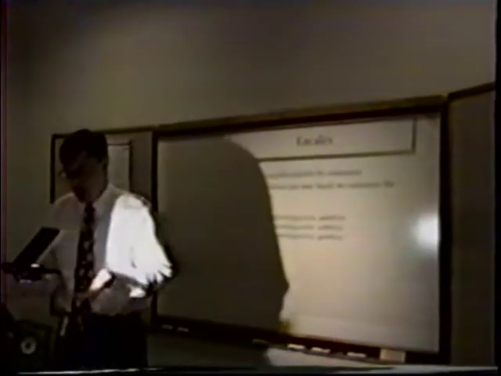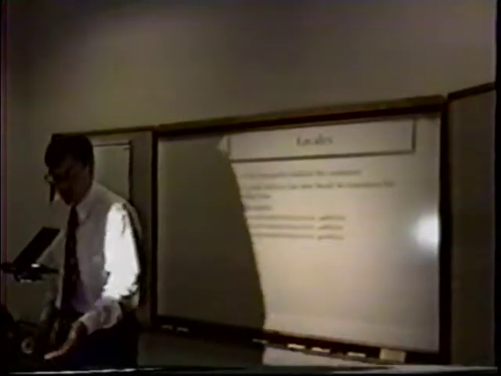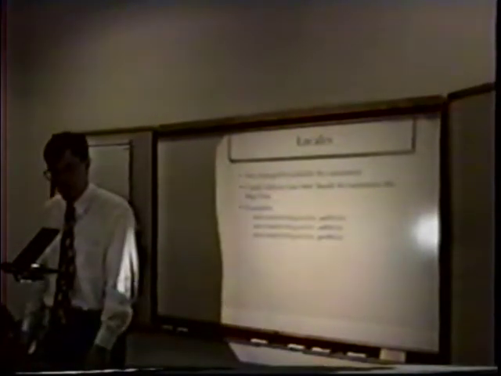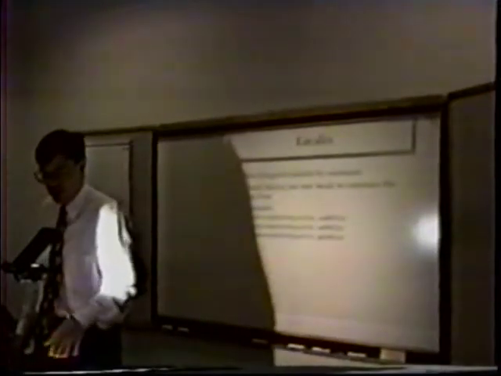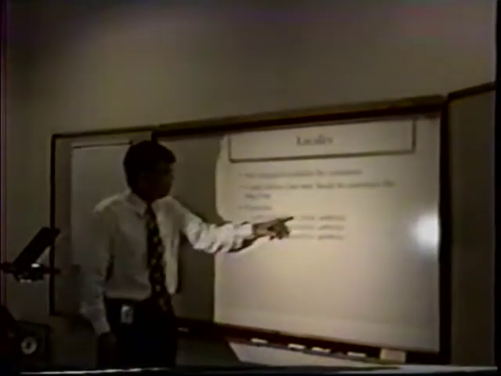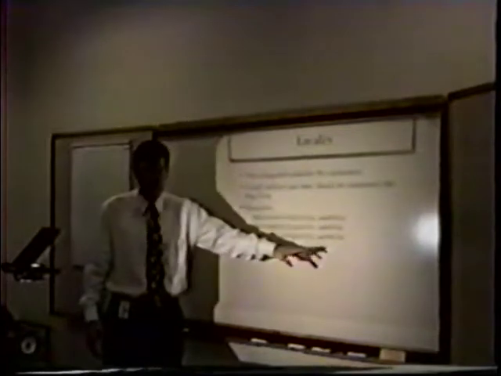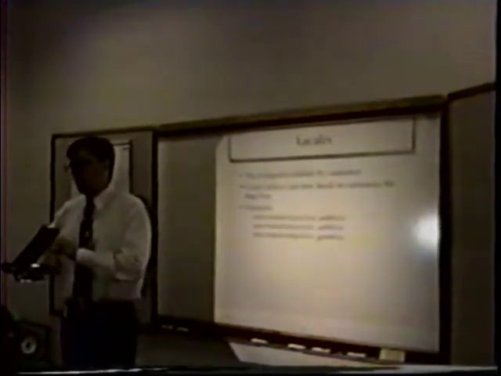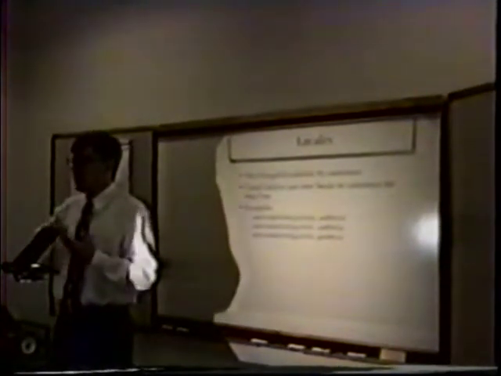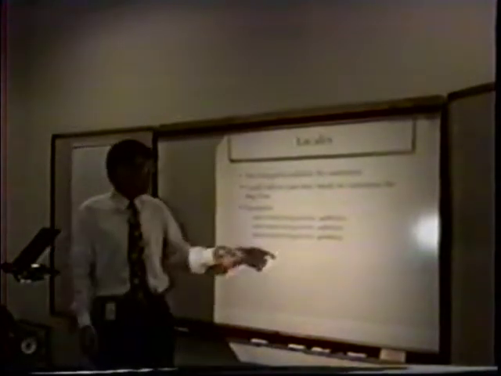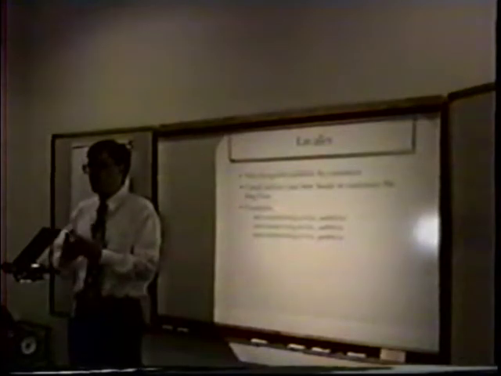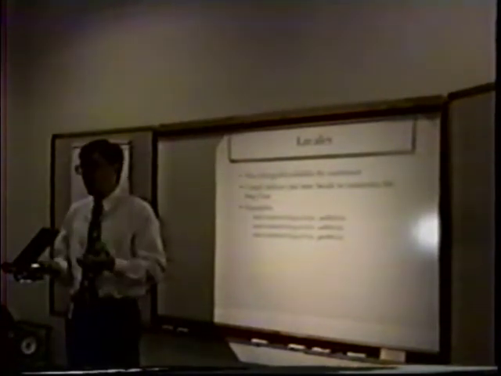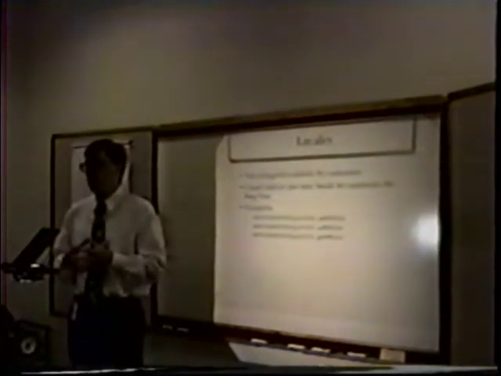Examples of locale names are in the Informix dir, there will be a GLS subdirectory in the 7.2 product, and there will be a directory called LC, and then the X I have on this slide refers to a version number. Because these locale objects are object file format, we occasionally change that object file format so that you'll see LC8 or LC9 or LC10 corresponding to a locale version, object version number.